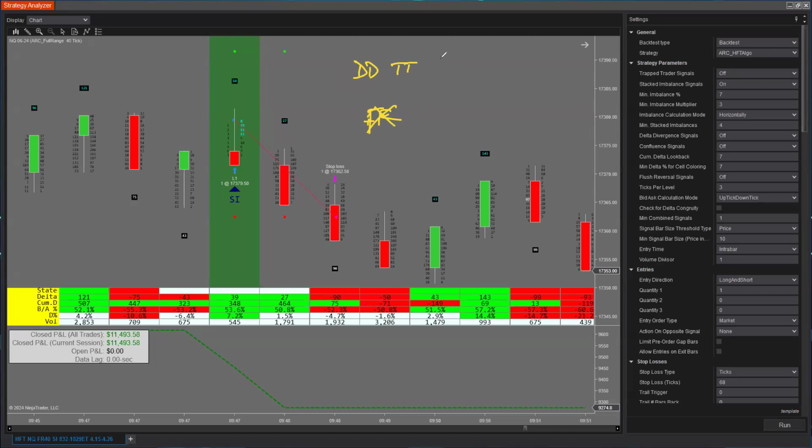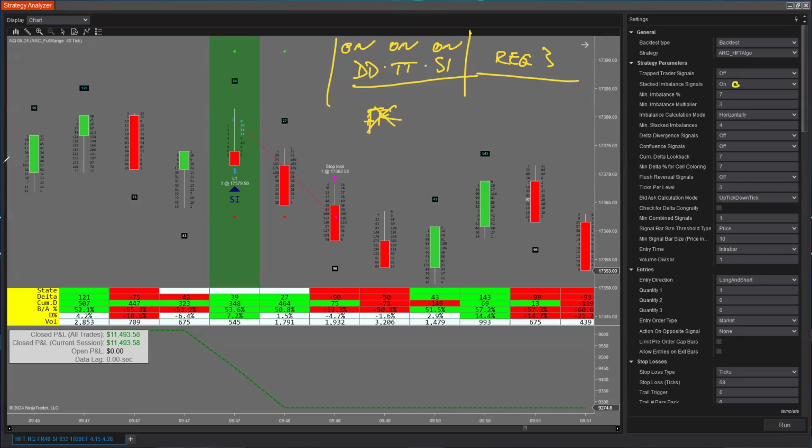But then you want to have a stacked imbalance somewhere in that candle as well. You turn all three of these to on, and then you require a minimum of 3 signals. What's going to happen is it's only going to trade if you have those 3 as a factor. You can also set it to individually on or required or off.